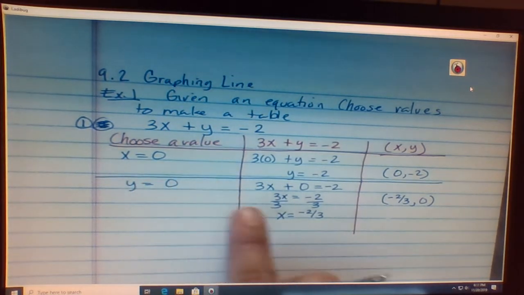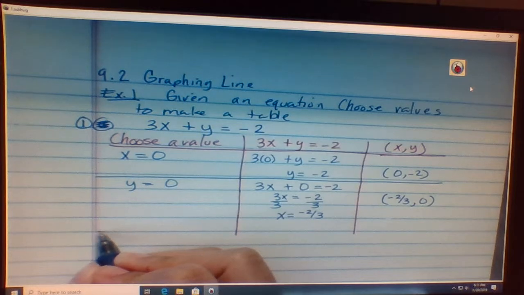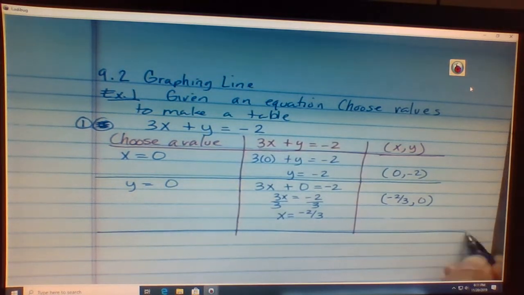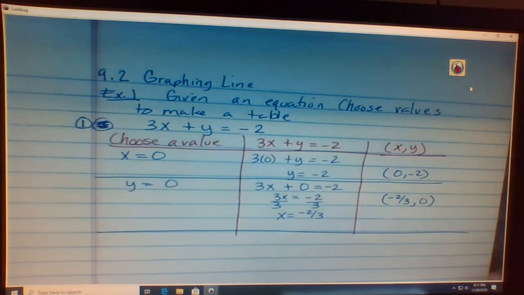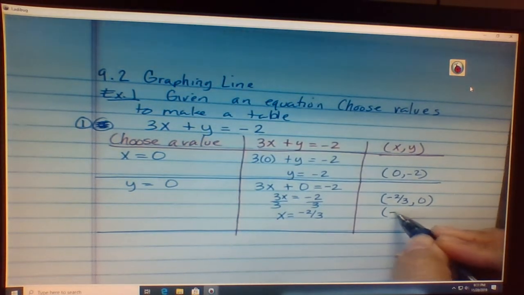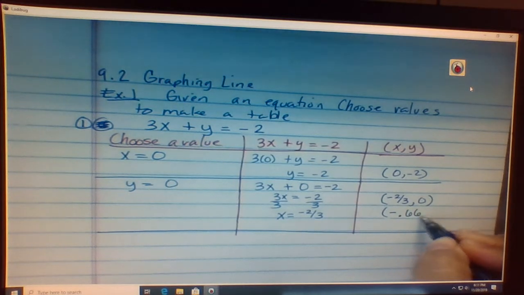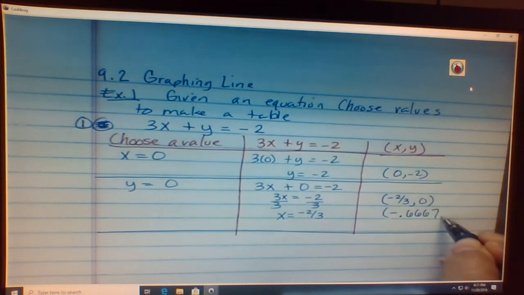Yes? Yes, talk to me. Does it turn into a decimal? It's a decimal, but what is -2/3? Does anybody know? It's -0.6667, comma 0.